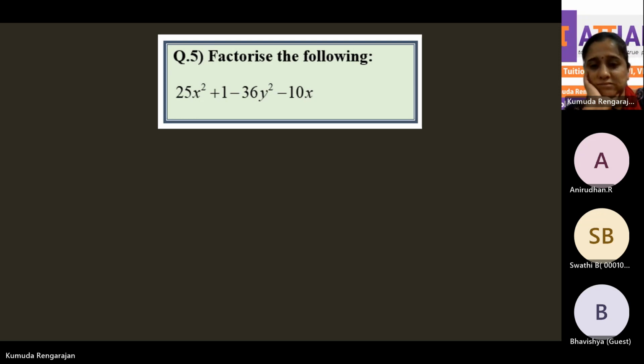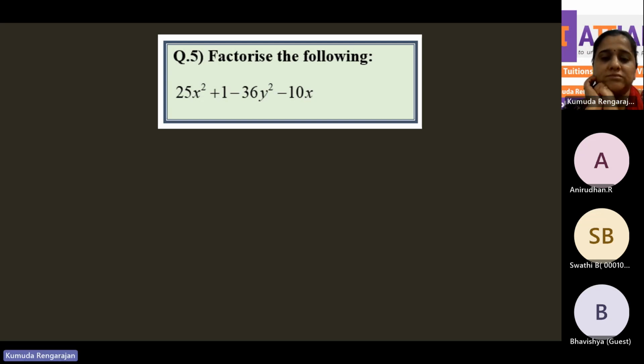So the answer would be 5x minus 1 the whole square minus 36y square, ma'am.